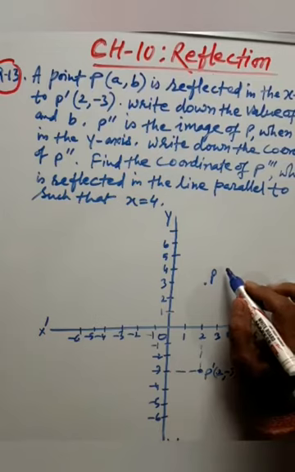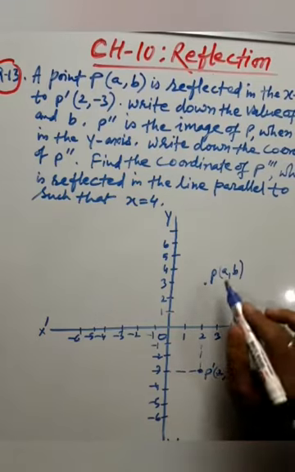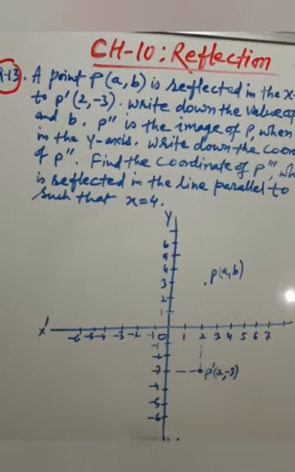So what will be here? Here it was AB. Okay, so what is A? Therefore you can write, P dash is the reflection of P, which is 2 minus 3, and P is what? AB. P dash is 2 minus 3, and this is AB.